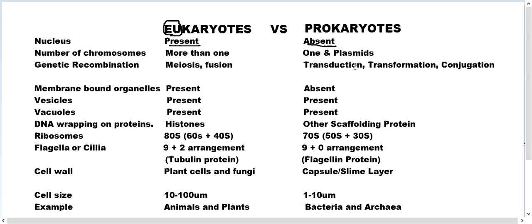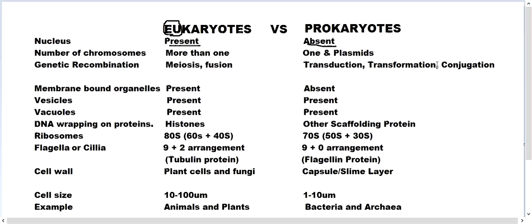Transduction is another genetic recombination procedure, which we will discuss in some other video. It is basically the change in genetic material when a virus attacks the bacteria, and with the help of the virus the bacteria can change its genetic material. When I make that video, I will put the link somewhere on the screen. You can click on it and learn more about transduction.